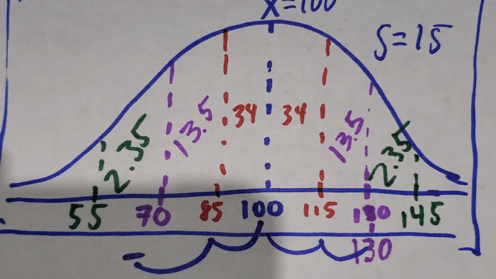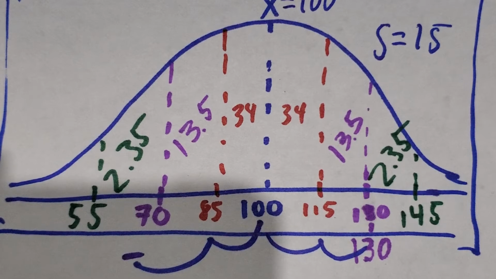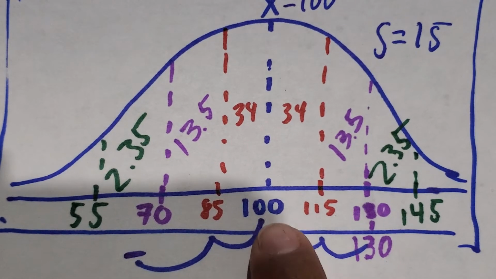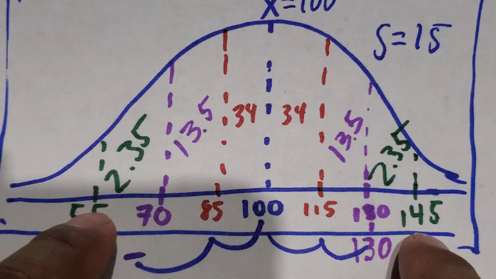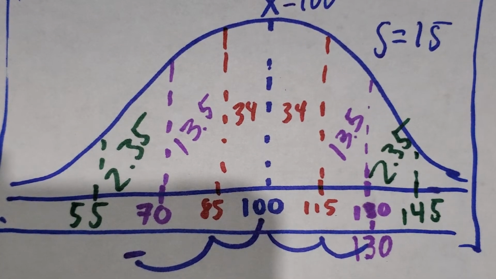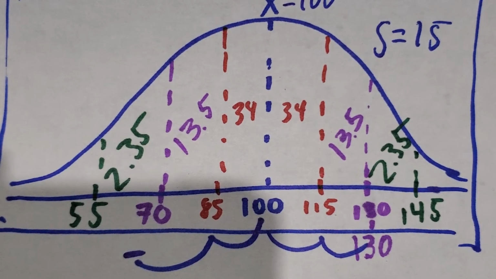The next question was, what percent of IQ scores are within 3 standard deviations of the mean? This was slightly a trick question because you don't need to draw the graph to see 3 standard deviations. That's just the rule. The rule says if you're within 3 standard deviations of the mean, it's not saying above, it's not saying below, so it implies both.